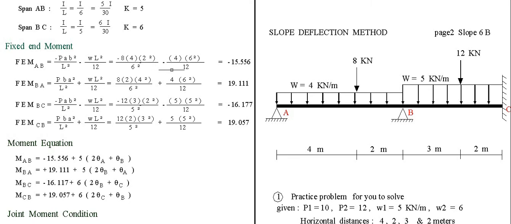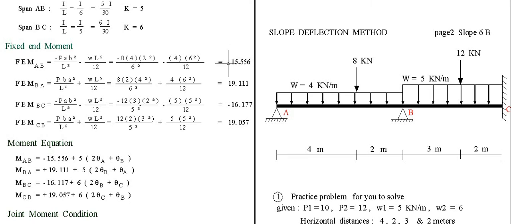Then for the uniform load, W is 4, span of 6 square divided by 12. Simplifying, it is minus 15.556.